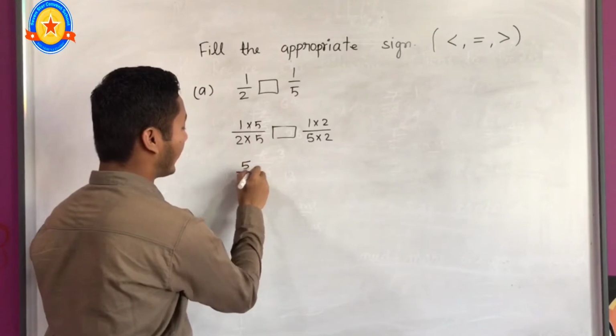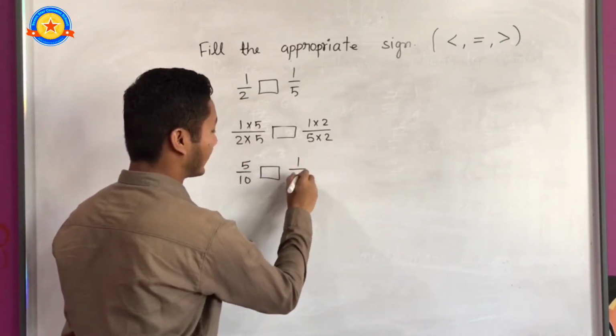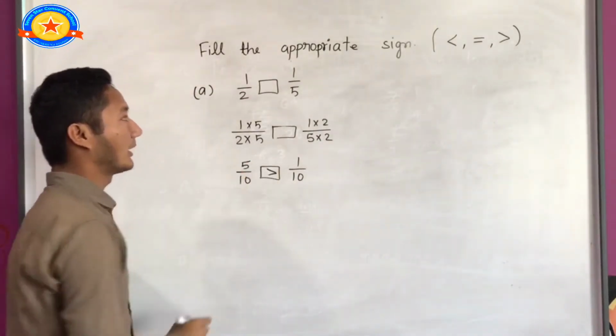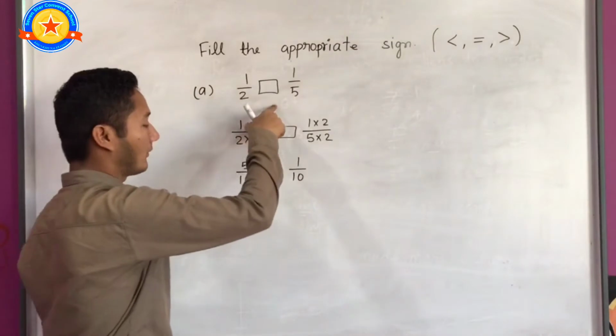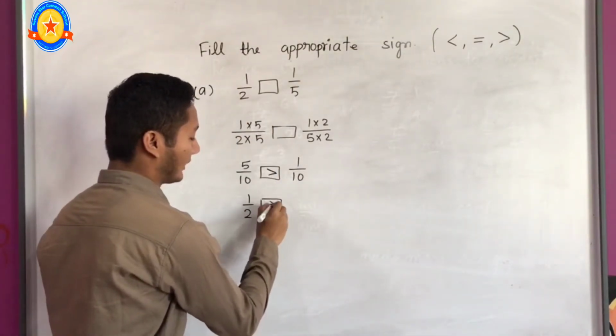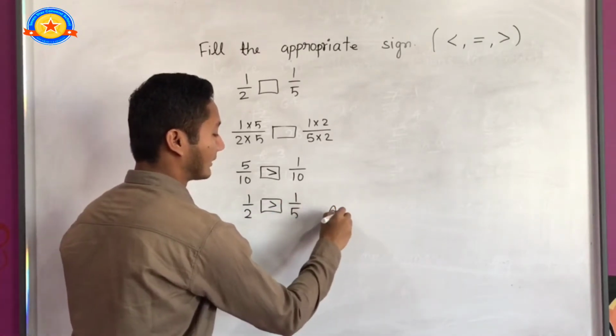It becomes 5 by 10 and 2 by 10. Now we can say 5 by 10 is greater than 2 by 10. We can write it in original form: 1 by 2 is greater than 1 by 5. It is our answer.